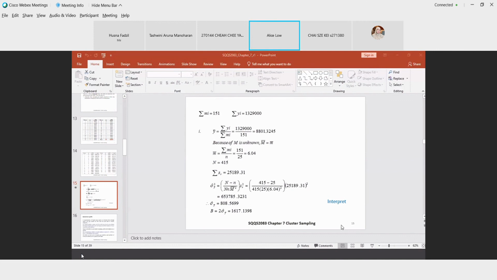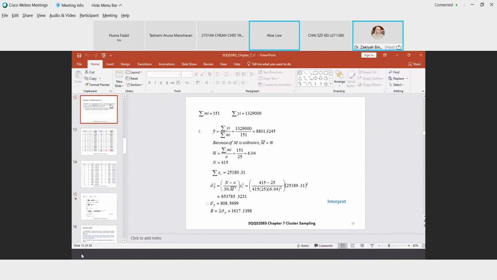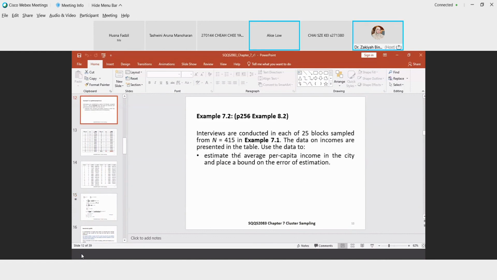When you interpret, just interpret to answer the question itself, the final answer. So in this case, the average per capita income and the bound of error. Only these two. So we do not need to include the size.